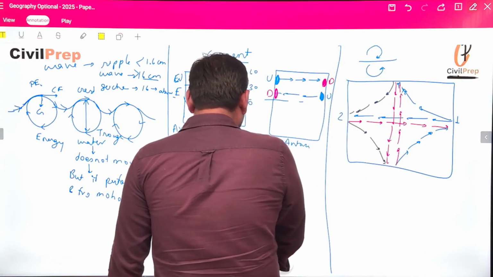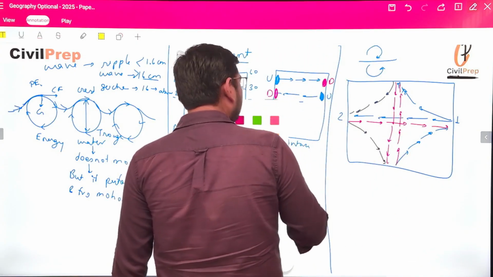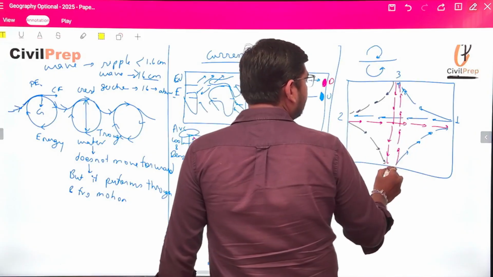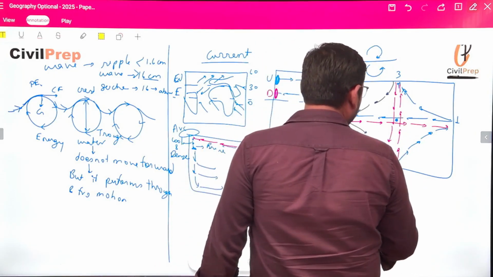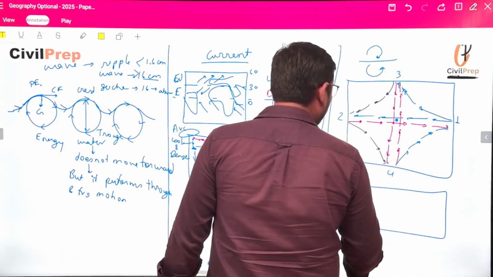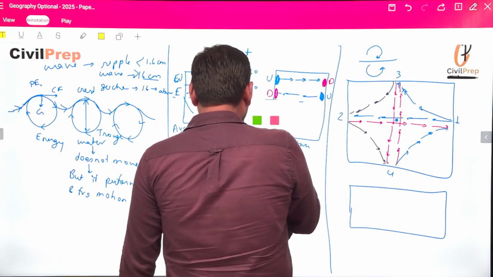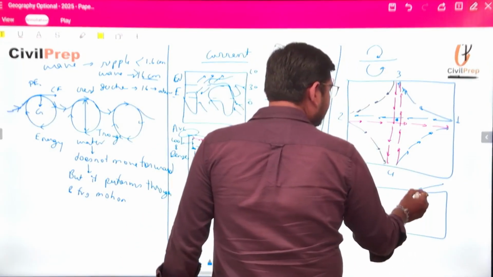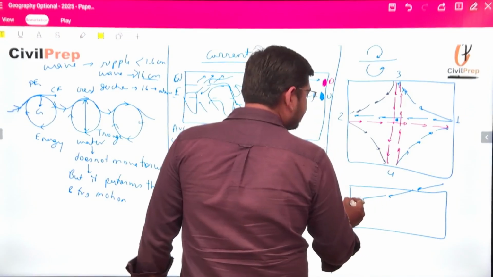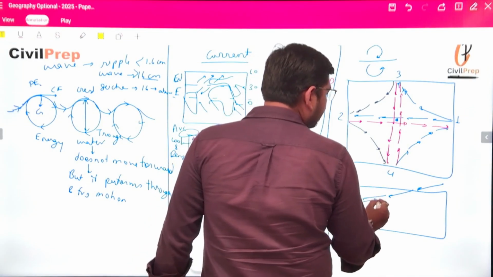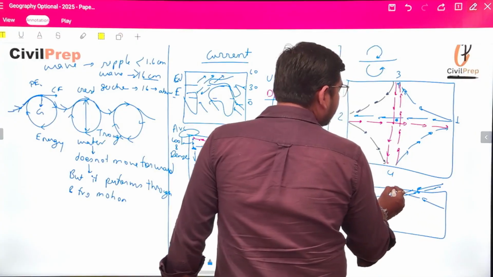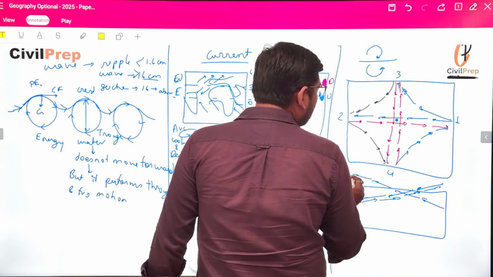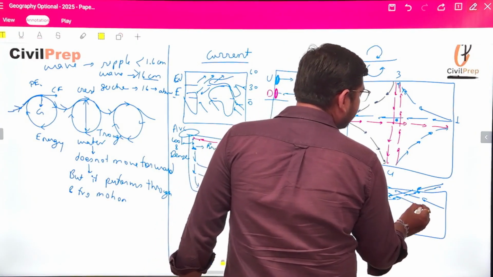This is the top view. Okay, this is 1, 2, 3, 4, and this is the nodal point. It is also called the antipode. So we will see that the movement of waves will be in this manner, and after this there will be reflection again, and in the next part they will move in this format and be reflected again.